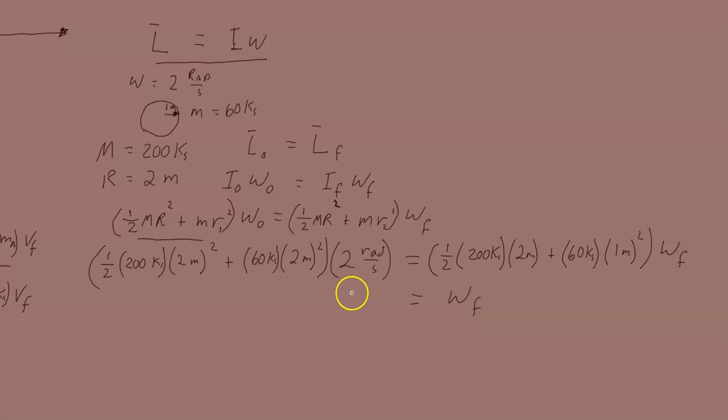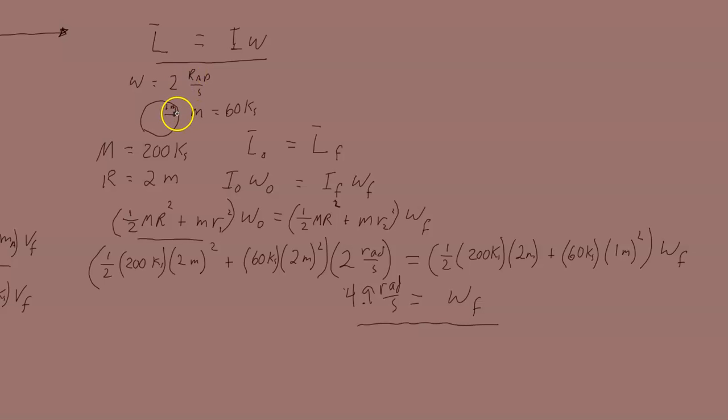We get an angular velocity of about 4.9 radians per second. So you can see that we were spinning at about 2 radians per second.